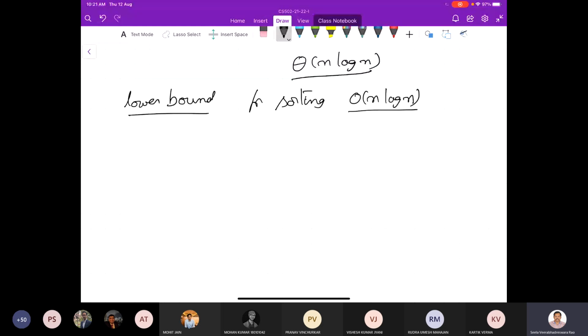So we are reducing this lower bound of some algorithm to this one. So here what we do actually, we use the lower bound for sorting. Okay, how we use? Let's see.